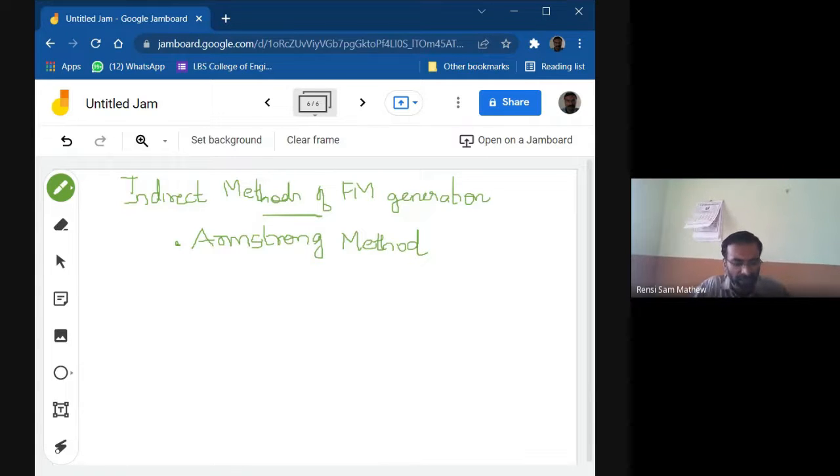This is an indirect method of FM generation. We are not going to use oscillators here because that technique is really unstable.